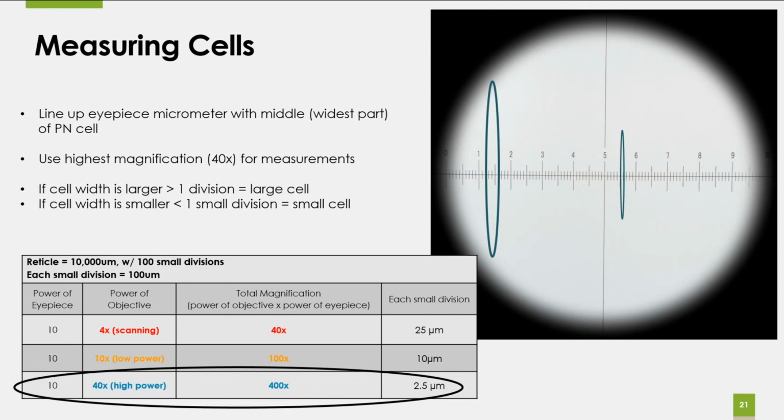Like I said, a small cell is less than 3 micrometers, and a large cell is greater than 3 micrometers. So if it's smaller than one division, like this one is, or about the same size as one division, I'll count it as a small cell. And if it's larger than one division, like this one is, then I'll count it as a large cell.